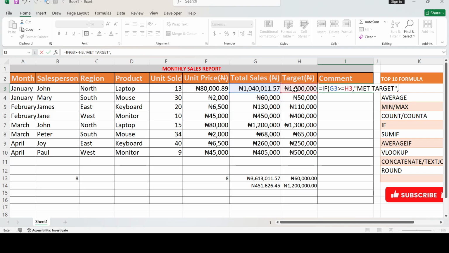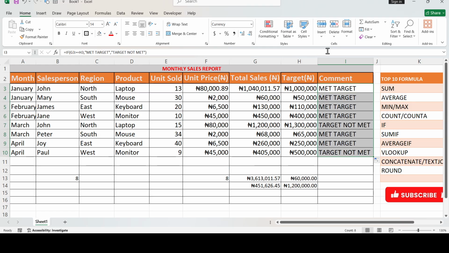Then if the person did not meet the target, then you will now display target not met. Then you close the bracket, you click enter. Met target. So let's drag down, put your cursor there, you drag down, autofill. You can see met target.